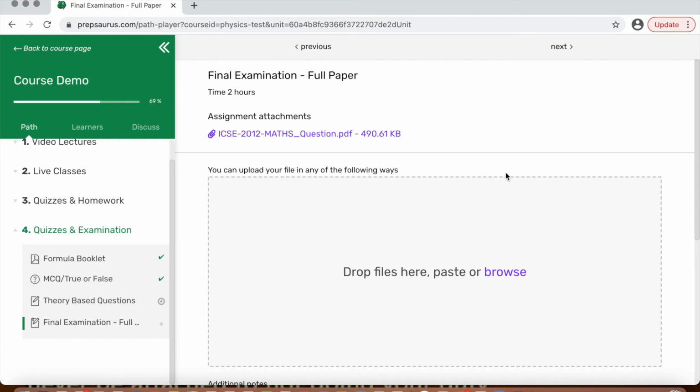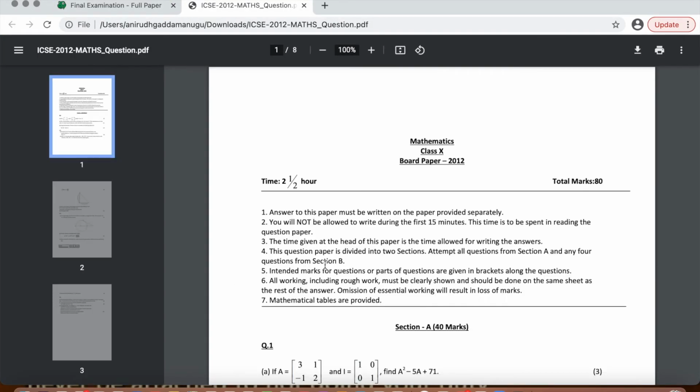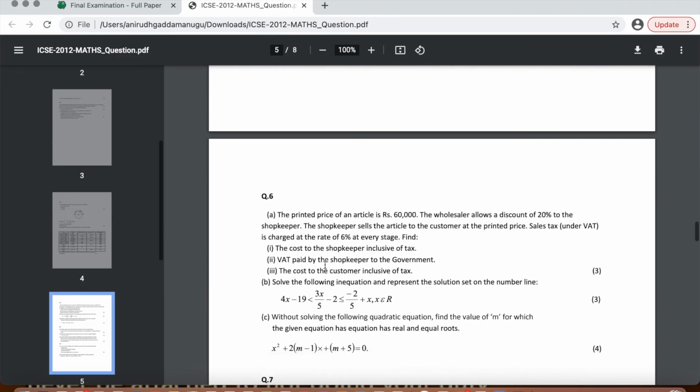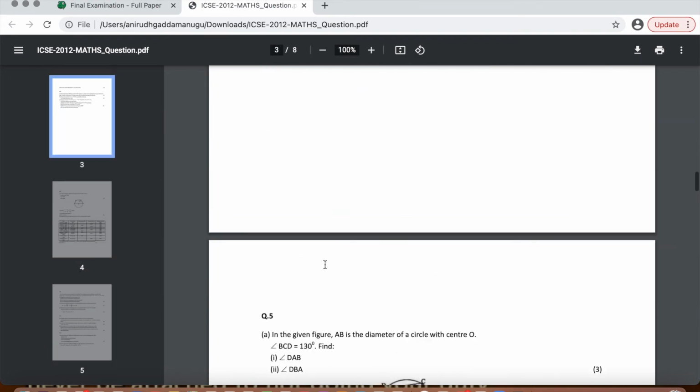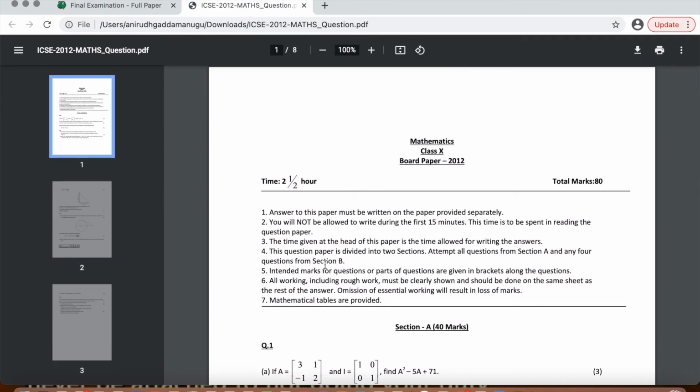So here, for example, we have uploaded the ICSE 2012 math past paper. So as you can see, there is an entire paper that is given for 2.5 hours.